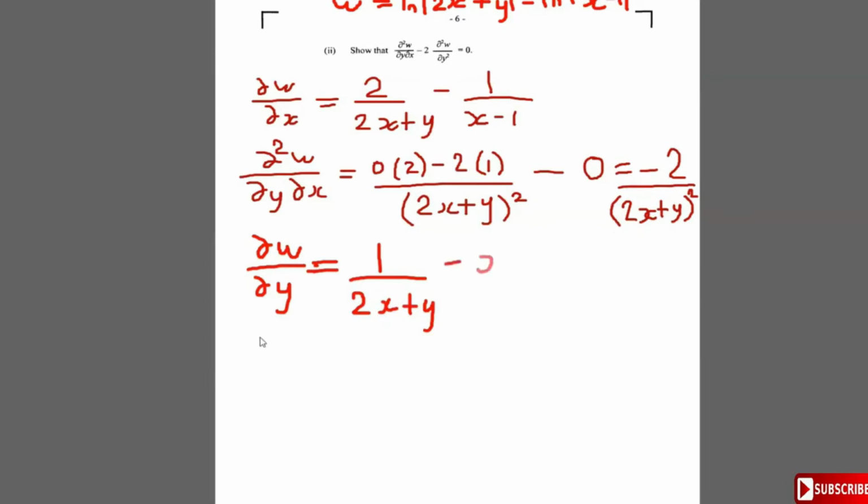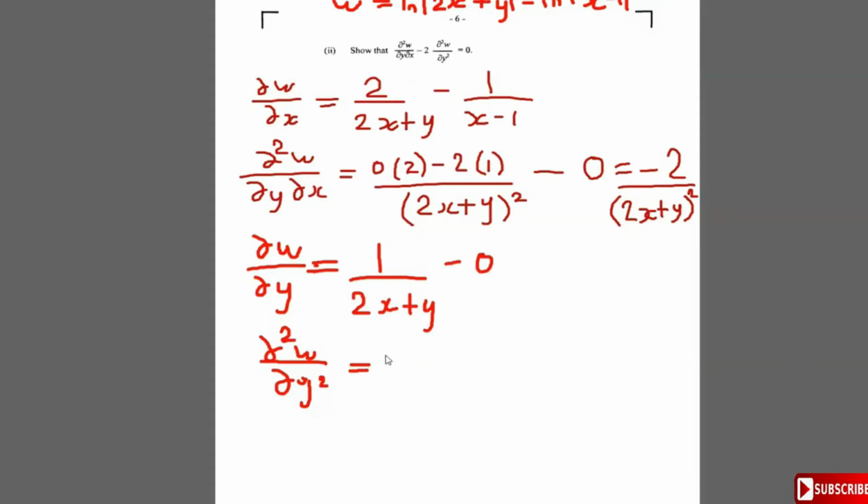To differentiate this with respect to y again, we get ∂²w/∂y². Using the quotient rule again, we don't even need to use it. Think of this as 2x plus y to the minus 1.